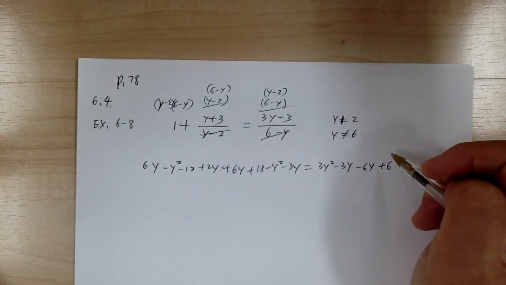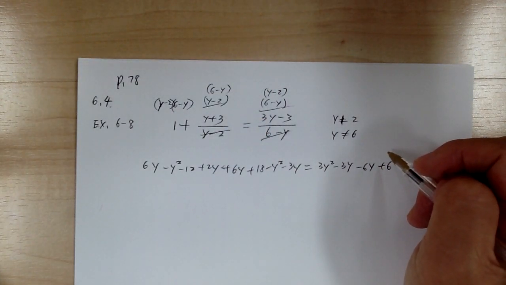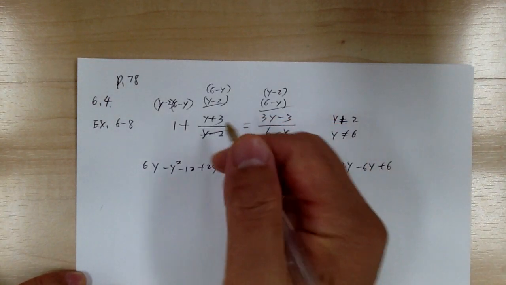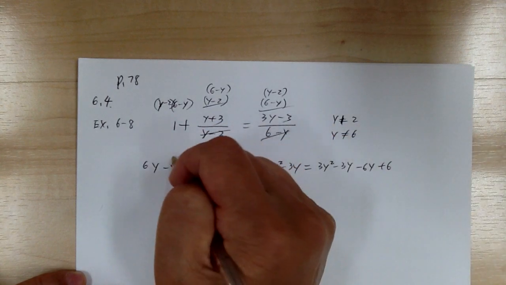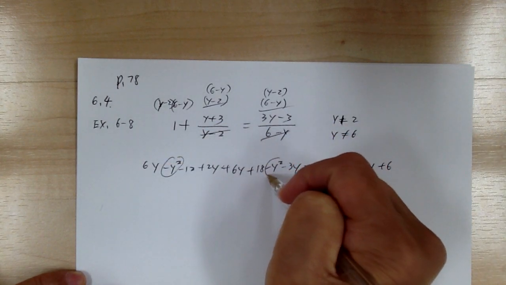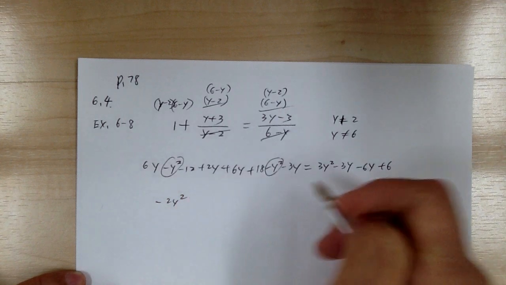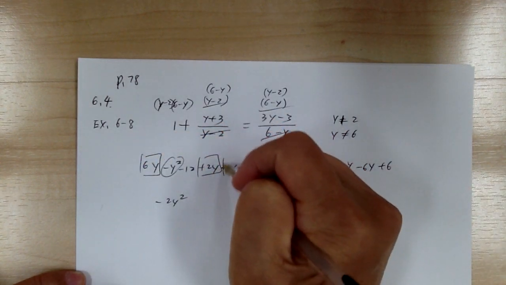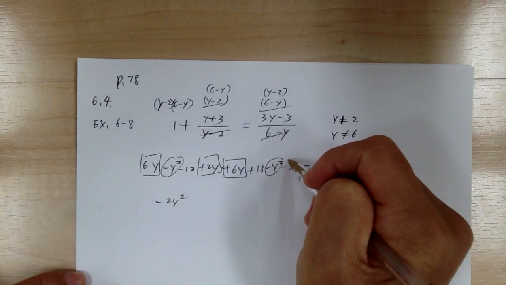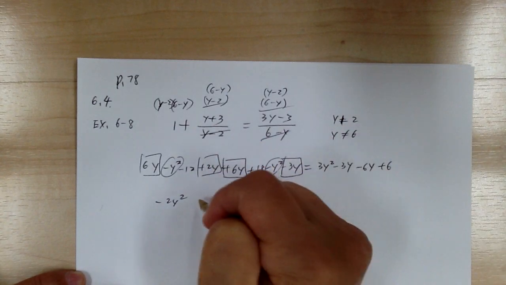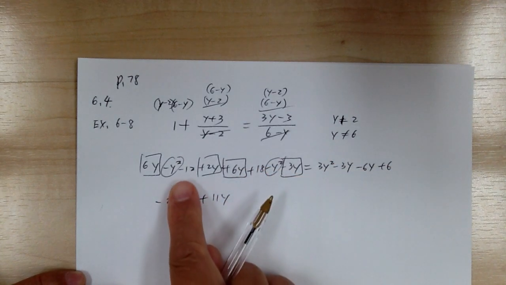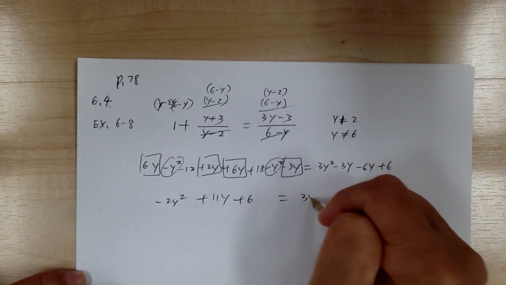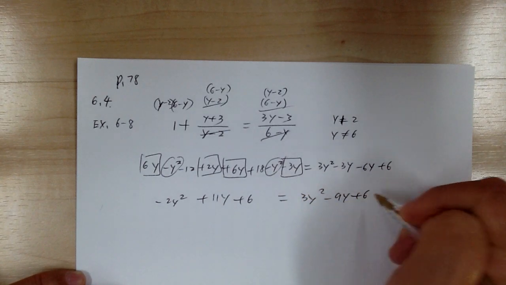Okay, and then from here you can go and simplify. Go and get all the y squares, starting from the highest degree. So you're going to get minus 2y squared, and then do the y terms, so you got 6, 8, 14 plus 11y, and then the numbers will give you plus 6, and this will equal 3y squared minus 9y plus 6.